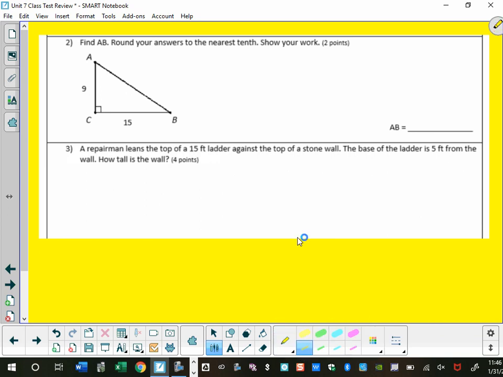Number 2. That's my hypotenuse, right? Can you mark it as X? So we can mark this as A, this as B, this is always C. All right, so my equation is A squared plus B squared is equal to C squared.